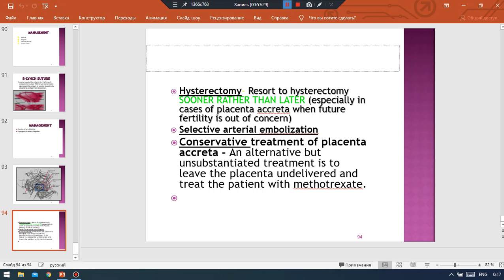The therapeutic goals of management of massive blood loss are to maintain hemoglobin more than 80 grams per liter, platelet count more than 75, prothrombin time less than 1.5 times the mean control, activated partial thromboplastin time, and fibrinogen.